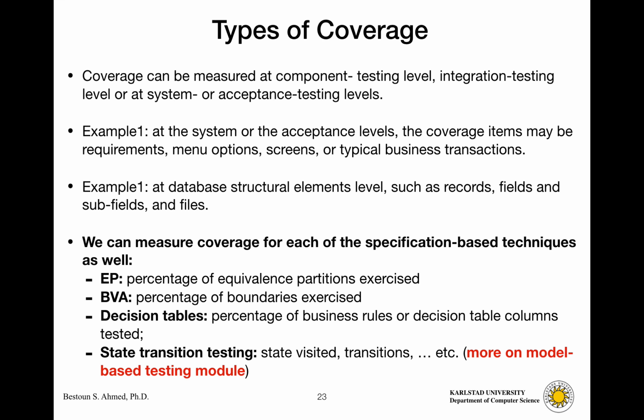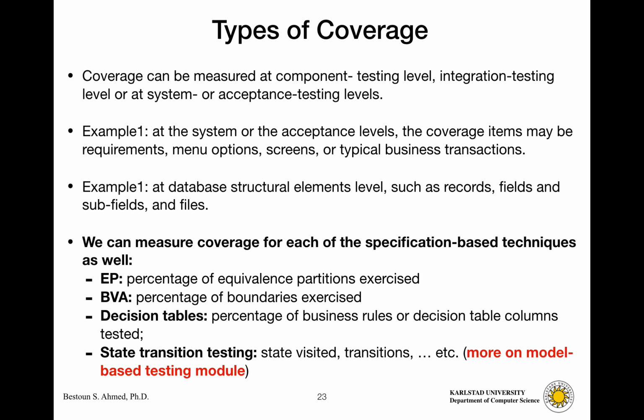And then we also have boundary values. For example, I have boundaries, maximum and minimum, and I have one value above and one value below the boundary, so how many of these values am I covering?